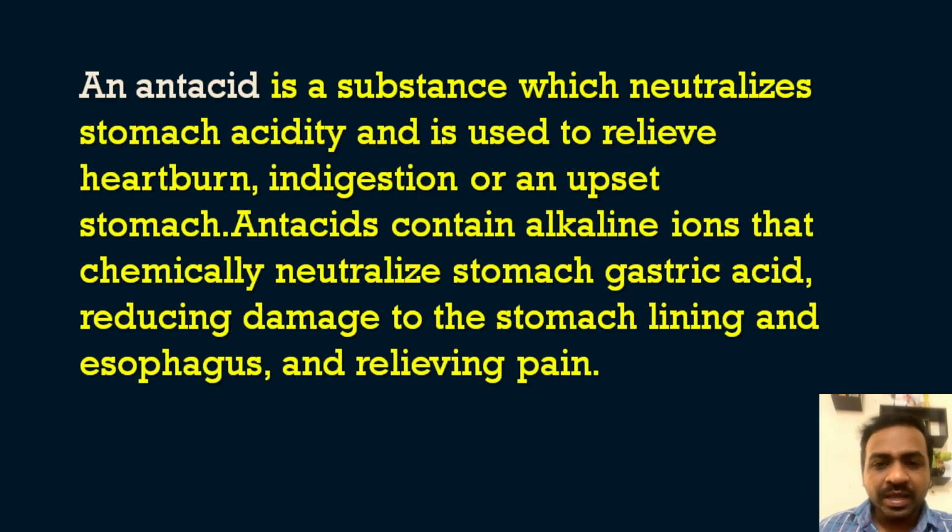Aluminium hydroxide, and a combination of salts, can be used as antacids. So these are the classes of drugs that can relieve stomach pain by reducing or neutralizing the acid production in the stomach. I think that is clear for you.